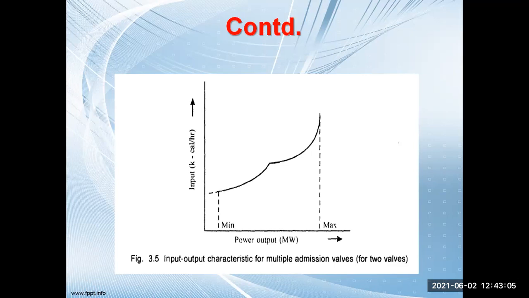Now, this is the input-output characteristic. Let us say there are n number of valves. I will show you the nature of the curve.